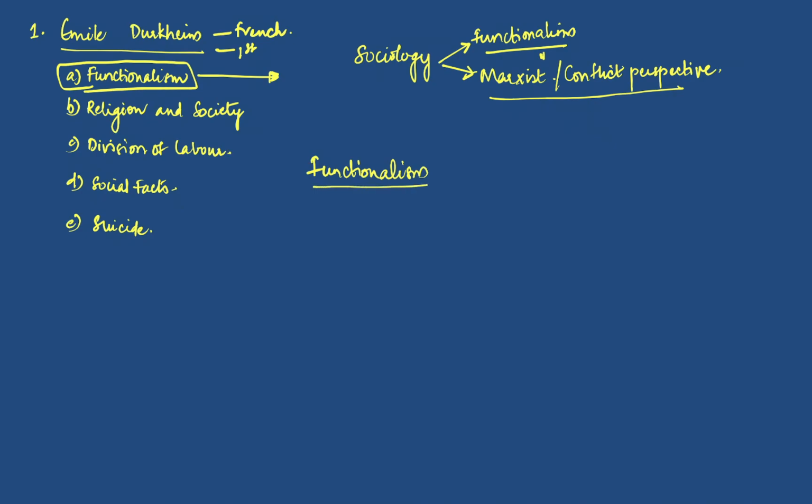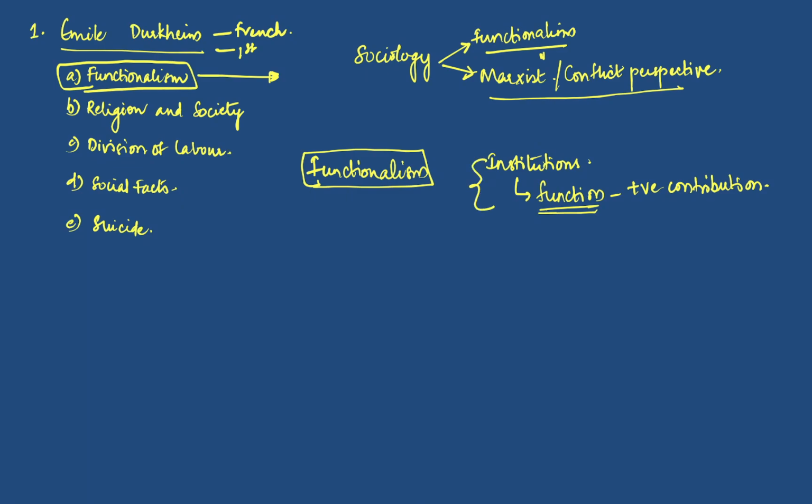Functionalism is that school of thought whose basic premise rests on this particular aspect: that there are certain institutions in the society, and every institution has a particular function. And the function is nothing but the positive contribution of that particular institution, right? So that is exactly what functionalism deals with.